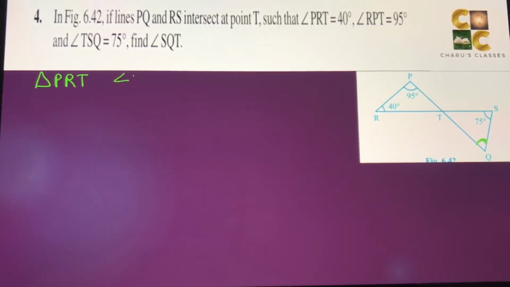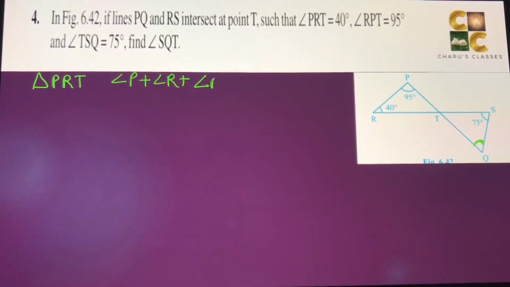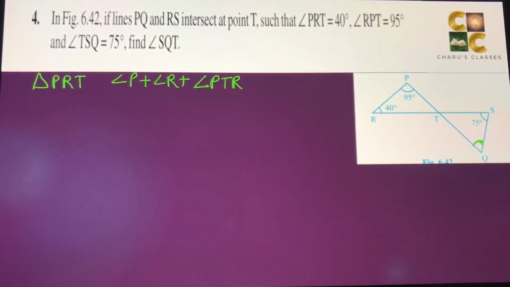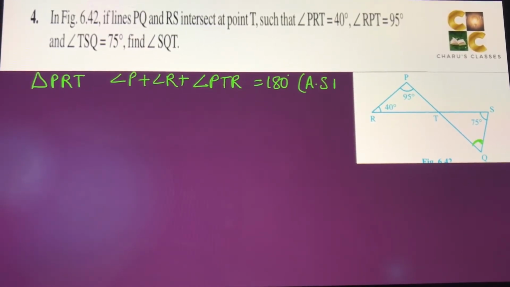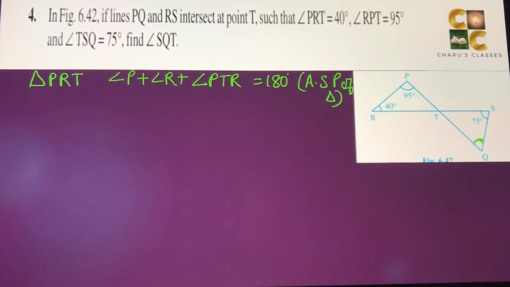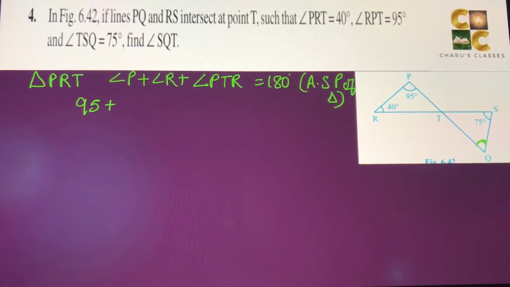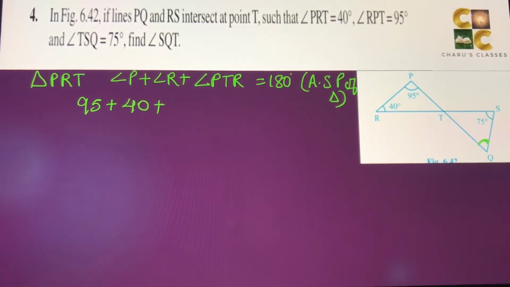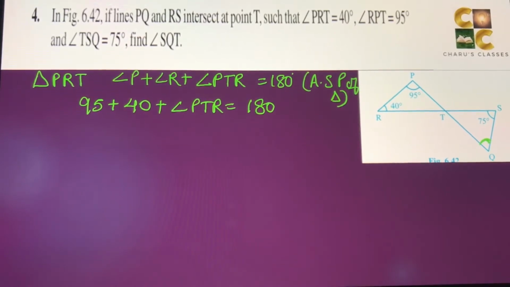In that, the sum of all angles, angle P plus angle R plus angle PTR, is equal to 180 degrees. Reason being the angle sum property of a triangle, that is, the sum of all angles of a triangle is 180 degrees. So angle P is 95 plus angle R is 40 plus angle PTR is equal to 180 degrees.